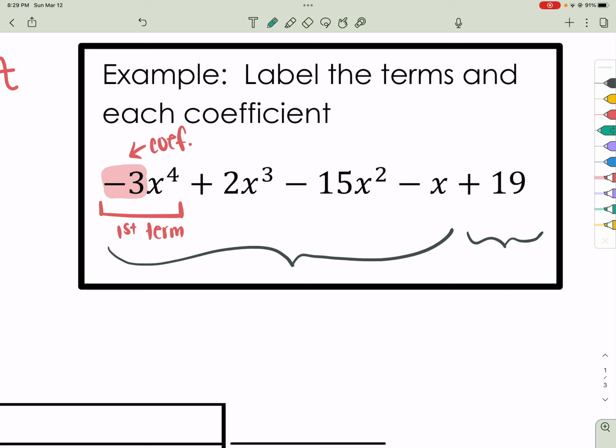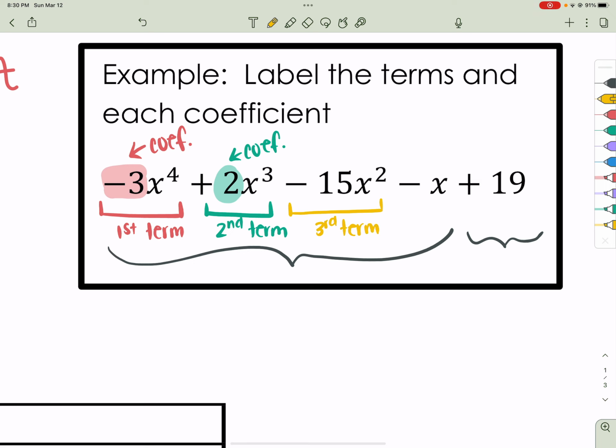The next term, 2x to the third, is my second term, and the coefficient is a positive 2. The next term is negative 15x squared. That's my third term, and the coefficient is negative 15 because minus 15 is a negative 15 for my coefficient.